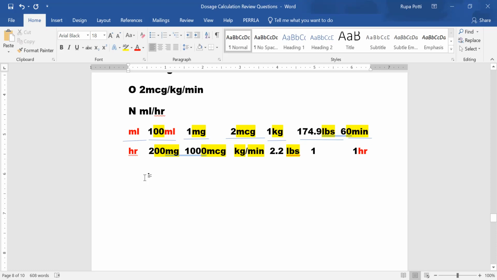So in my numerator, I'll get 2098.8, and in my denominator, I have 440. When I divide that, I'm going to get 4.77, right? And because I have to round it to the nearest tenth, I will get 4.8 ml per hour. That is what was remaining, right? 4.8 ml per hour. So this is how I set my pump.